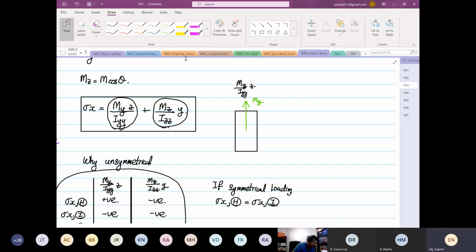And then you're going to look into your YY axis. So this is your YY axis.